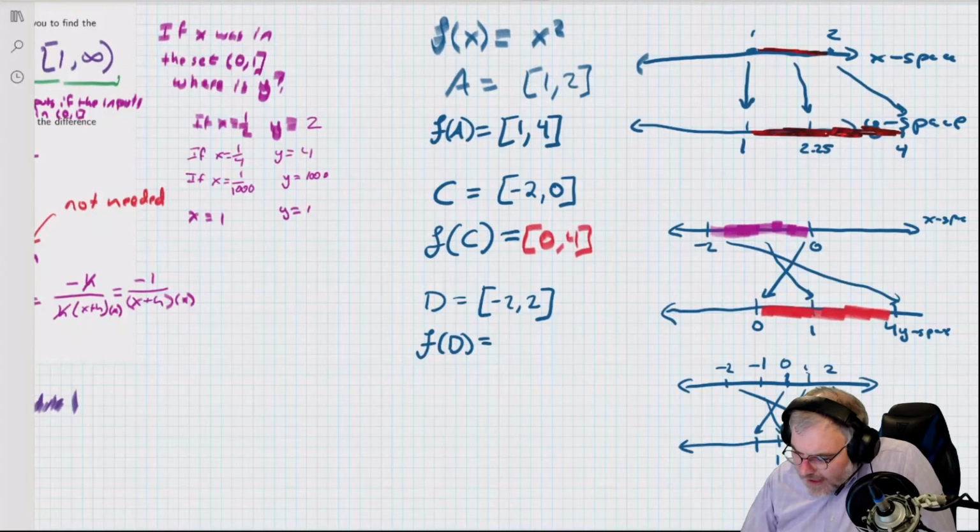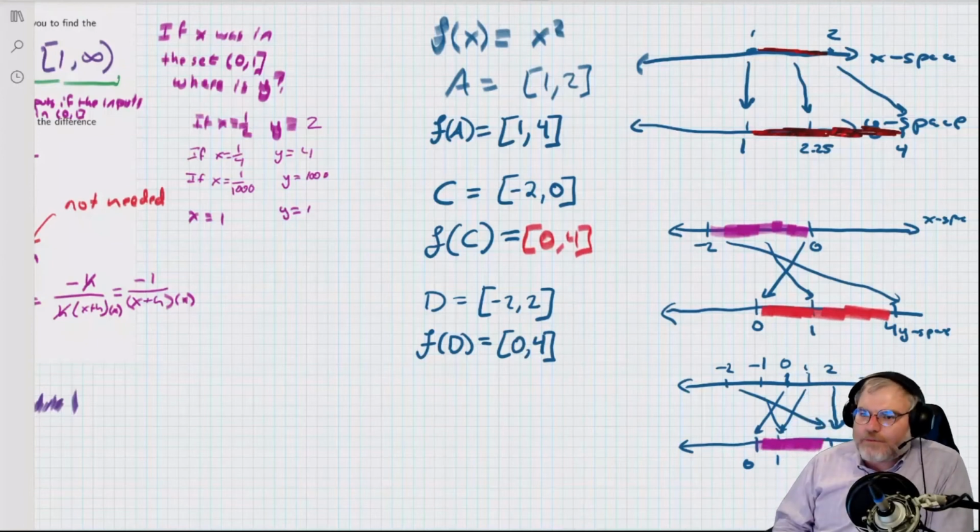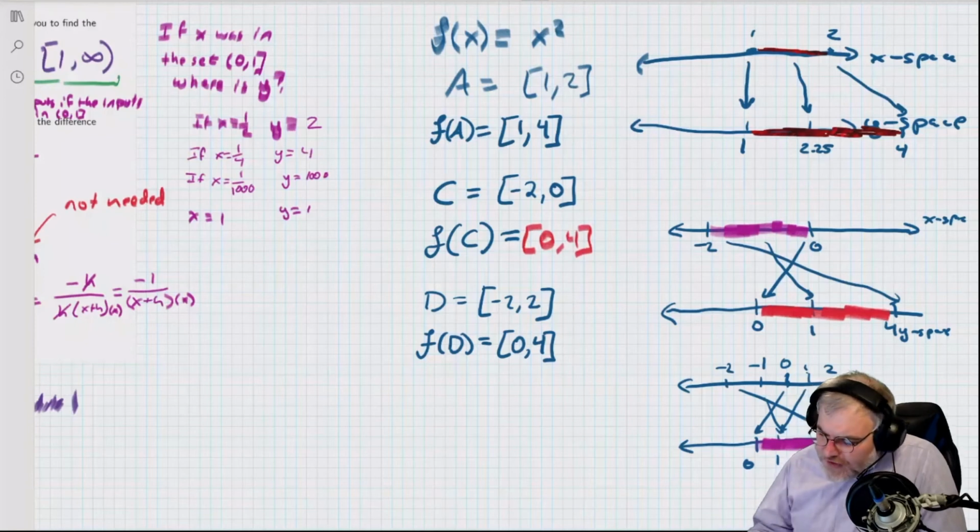So my image here is not just determined by the endpoints, but the stuff in the middle. So my image here is actually 0 to 4, even though f of neither of those two is 0. And we're going to be able to use calculus to solve for these minimums and maximums.